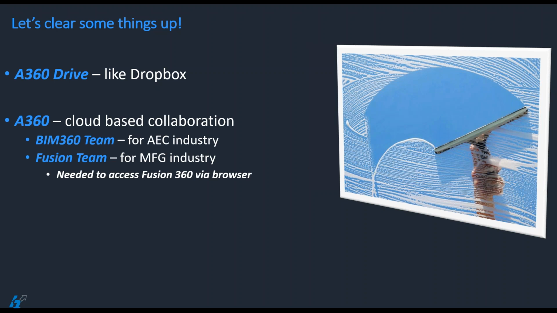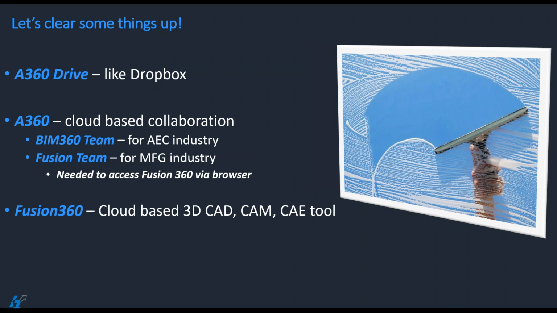A360, which was also known as A360 Team, has now split into 2 cloud-based collaboration products: BIM 360 Team for the AEC industry, and Fusion Team for the manufacturing industry. And the reason for this slide is to introduce you to Fusion Team, which is what you will need to access Fusion 360 through a browser.